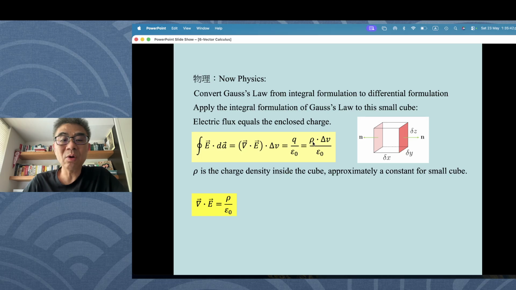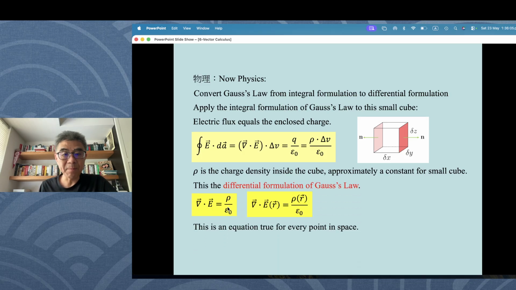Therefore, it connects the divergence of E and rho. Ladies and gentlemen, that's the differential form of the physical Gauss's law: div E equals rho over epsilon 0. So this is the differential formulation of Gauss's law.